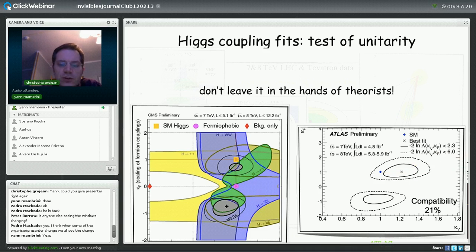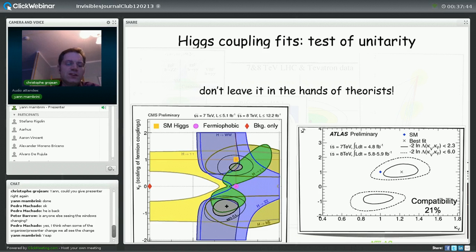Of course, for instance, the theorists don't have access to the correlation between the various channels. They don't have access either to the composition of the various channels. Namely, when you look into gamma-gamma, you put some cuts to isolate the various production modes of the Higgs.